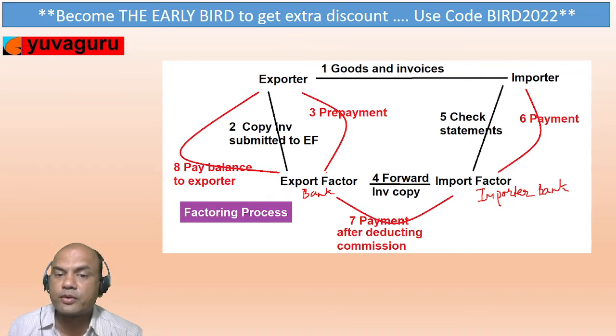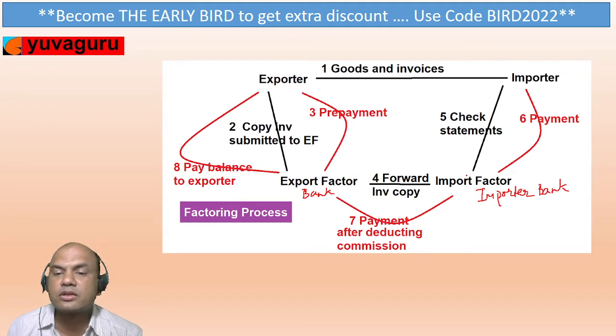Now what does the export factor do? Step number 4, he forwards this copy of documents to his colleague or known factor in the importer's country. If it's a bank, it's a bank-to-bank relationship. If it's a factor, then it's a separate relationship, right?